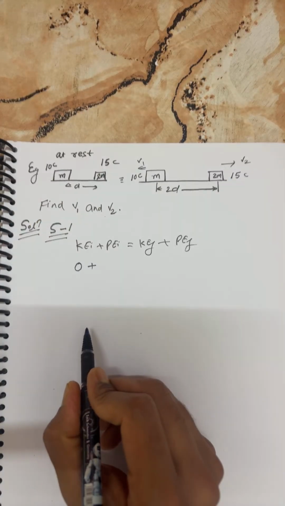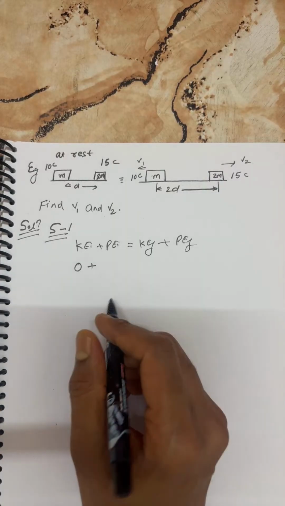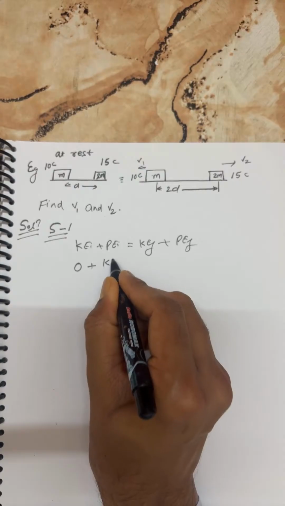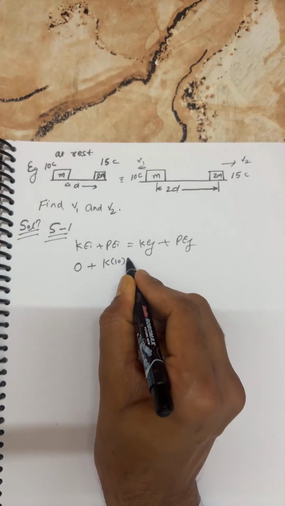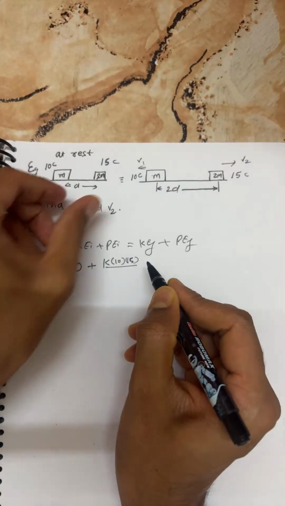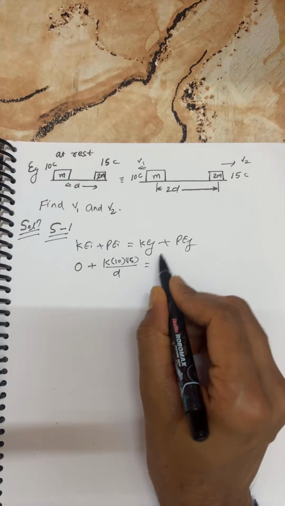What is the initial potential energy? Already I taught you: the potential energy of a pair of charged particles is K Q1 Q2 by R. So here I can write K into 10 into 15, that is K Q1 Q2 by d initially, which is equal to half m V1 square.